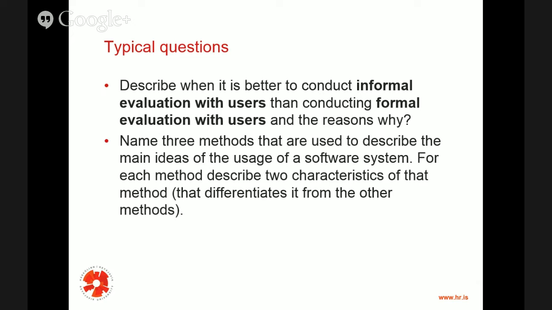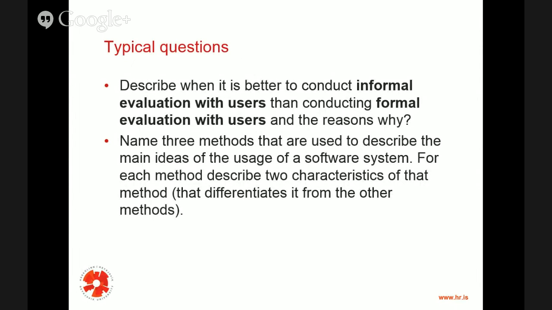Or maybe I would just say one. This is just to show how the questions could be. I tried to make it clear that you are supposed to say one thing or two things. If I say name, it's enough to say the name of the method. But if I say describe, I want more than just the name. You should describe the characteristics, like one or two sentences about it.